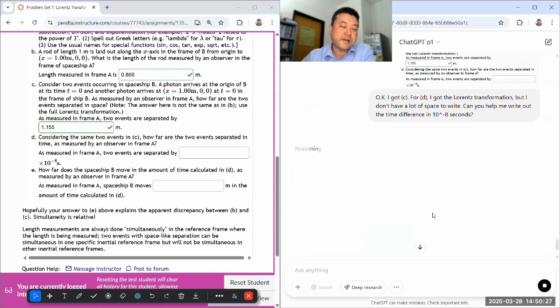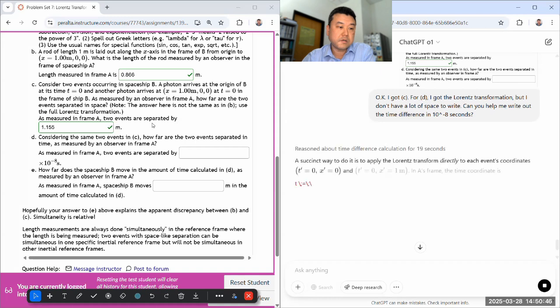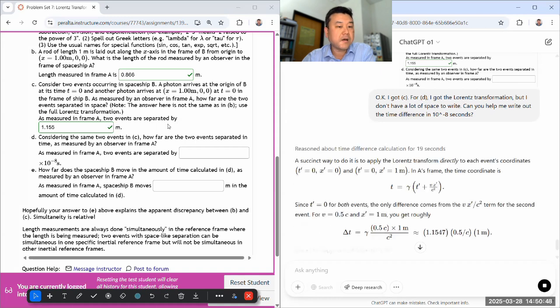So when you write that, ct prime is equal to gamma (ct minus beta x), so the x is going to be delta x, which is 1 meter. ct will be 0, so it'll be, I think, gamma times, yeah.